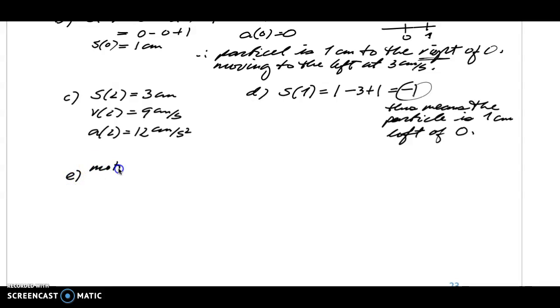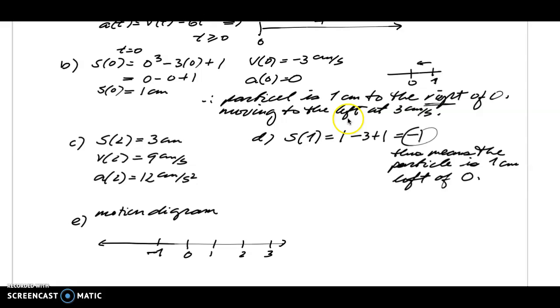So we then see the E, our motion diagram. So this is the motion diagram, right? That then is here, and we've already gotten all the information. We have 0, we have 1, 2, and 3. And we also know what's going on. Minus 1 because we were just looking at the change of direction, right?